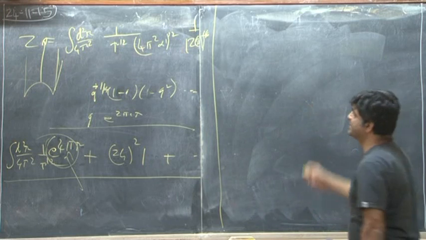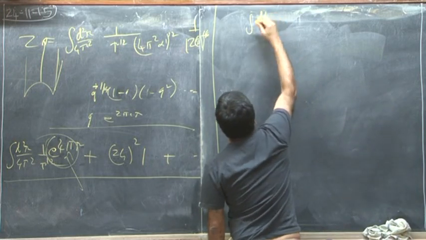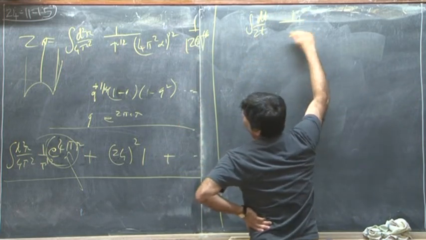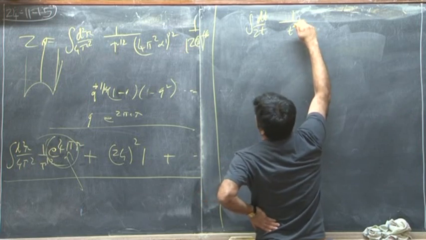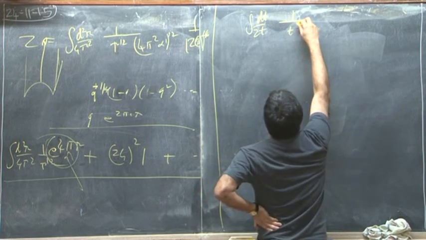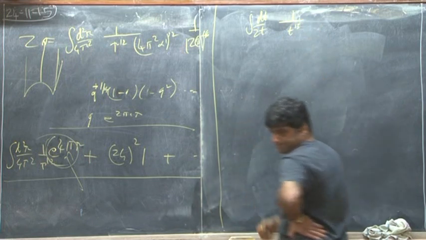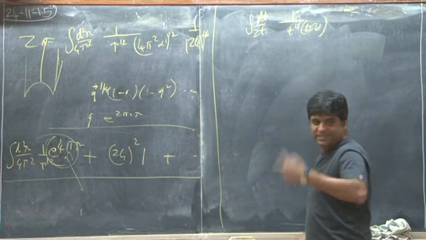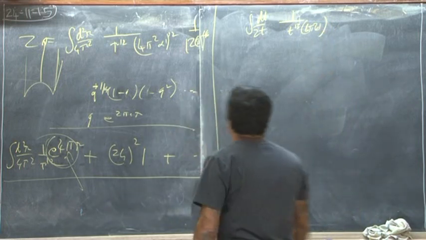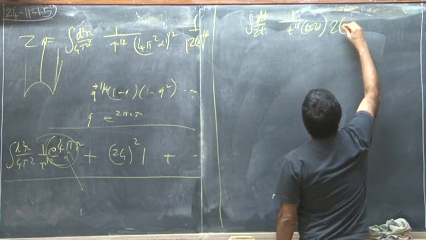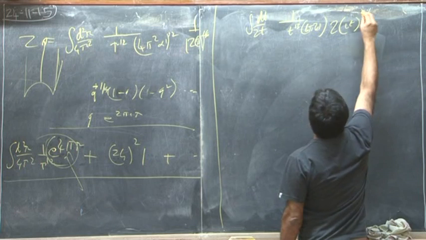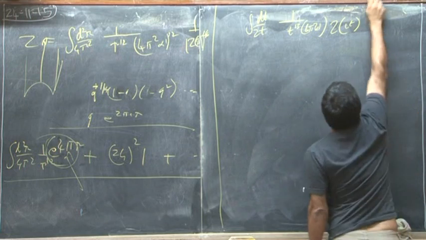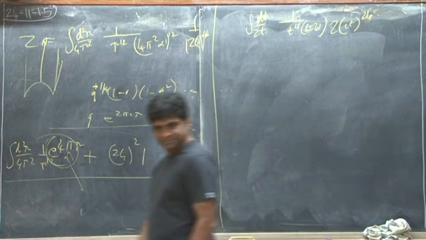The analysis of the open string is very similar. We had integral dt by 2t as the measure. We had 1 by t to the power 13 times 8 pi squared alpha prime, the extra being because of the 0 1 sector. And then we had just an eta of it to the power 24.